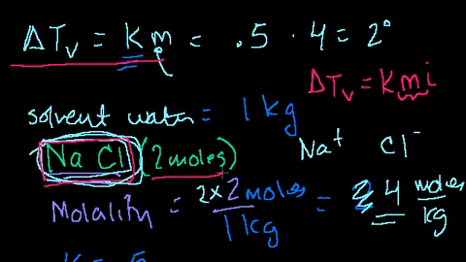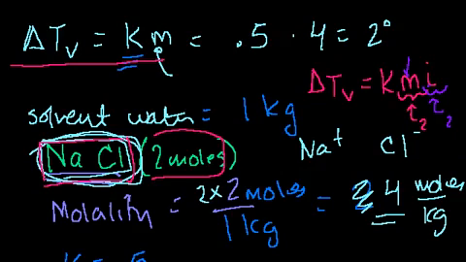So in this case, this number would be 2. And I is the number of things that it dissociates into. So in this case, this would have been 2. And that's where we would have gotten 4 times K, which is 0.5, which is 2. In the case of the glucose, this would still be 2, but it only turns into 1 particle when it goes into water, so that would be 1. So you'd only have a 1 degree increase in the boiling point of water.